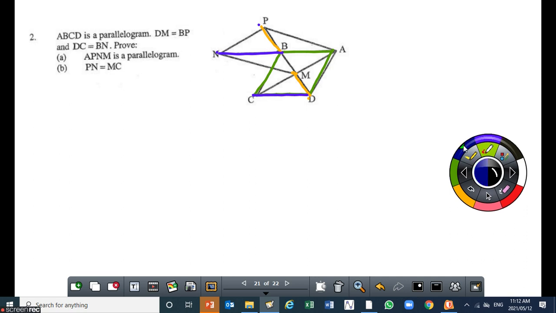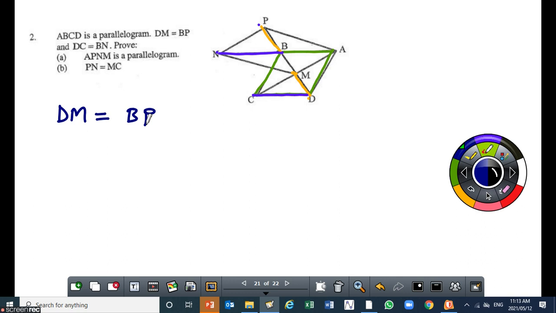So what I'm going to do first is, based on the information that's given, DM is equal to BP. But I hope you're aware that BM is equal to DM because the diagonals of a parallelogram bisect.